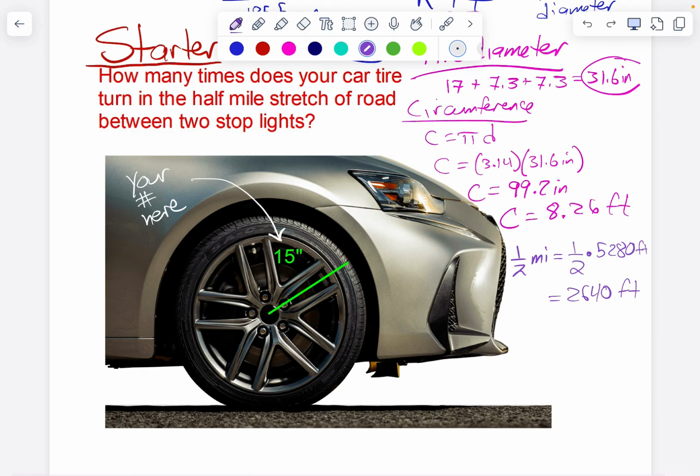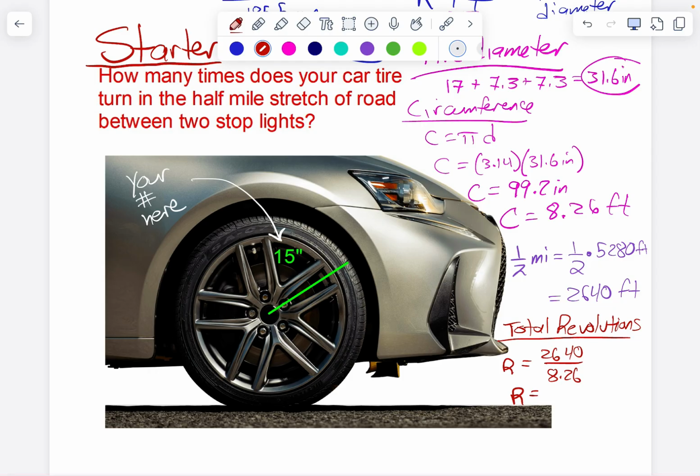This, by the way, is called our revolutions. So total revolutions. What operation do we do to figure that out? Say it again. 2640 divided by 8.26 feet per revolution.